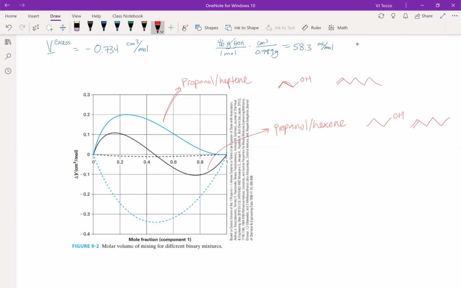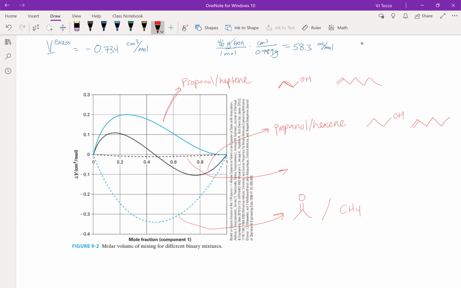The one at the bottom is acetone and methanol. That's a highly irregular system. Acetone is a propane with a ketone, and methanol is just CH4 with an OH. So different shaped molecules there. And then the last one, which you can barely notice, is this dashed black line.